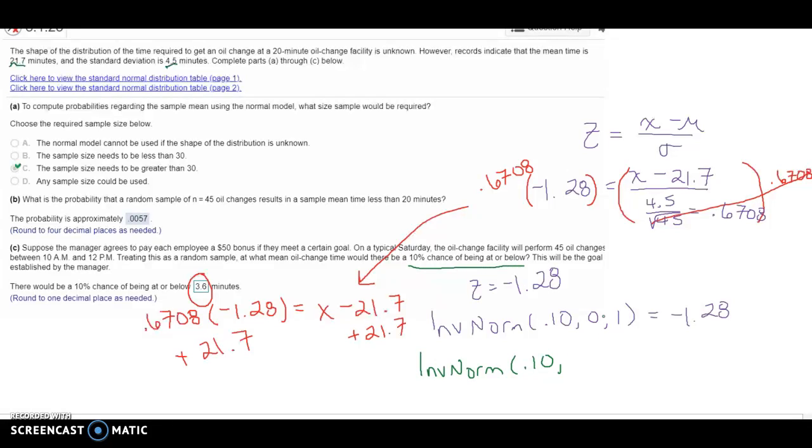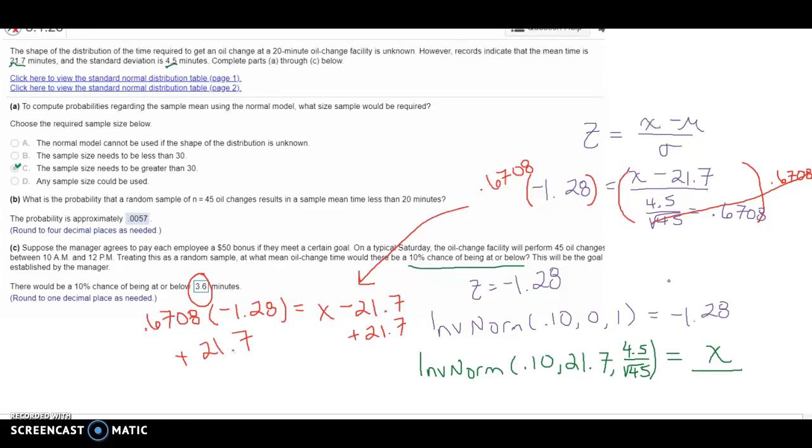And instead of doing 0 and 1 to get a z-score, you can do 21.7 and then 4.5 over the square root of 45, or you can type in that 4-digit decimal either way, same thing. And that should give you the x value that you need.